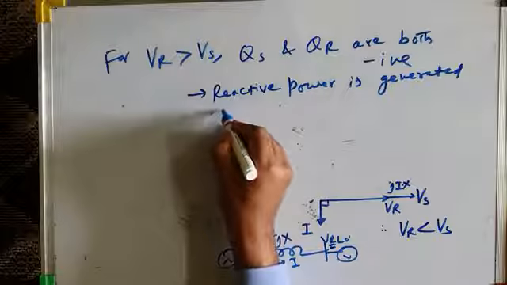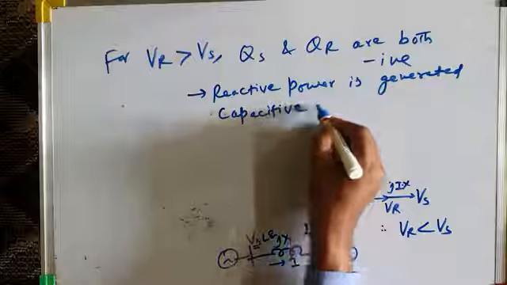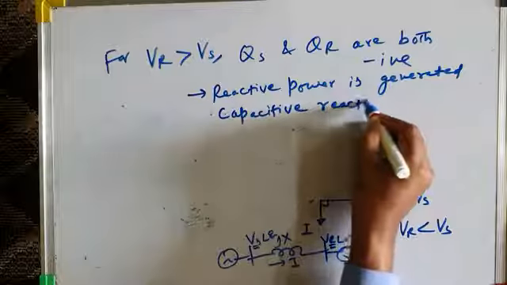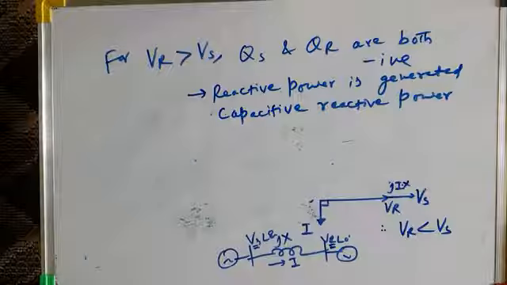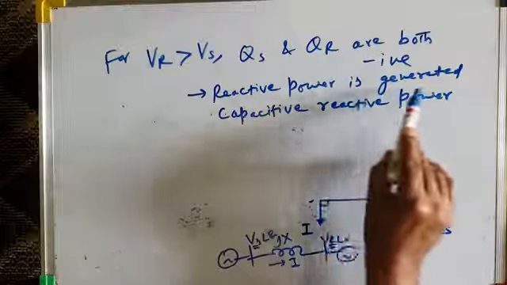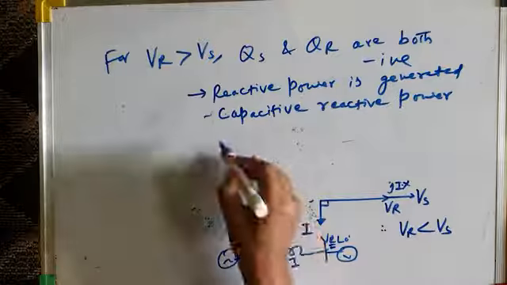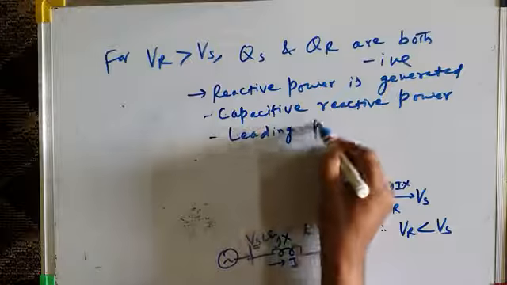So negative reactive power means it is a capacitive reactive power. Just like positive reactive power means reactive power being absorbed, which means inductive reactive power, negative reactive power means reactive power being generated, which means capacitive reactive power, which means leading power factor operation.